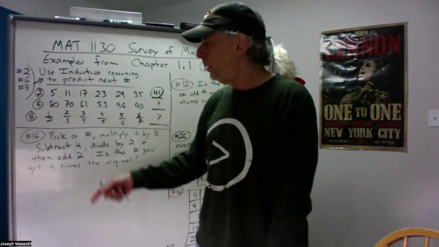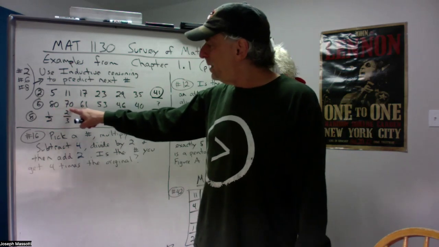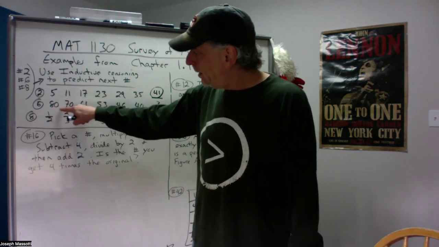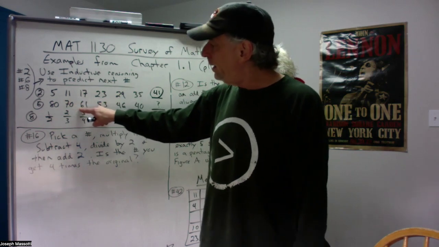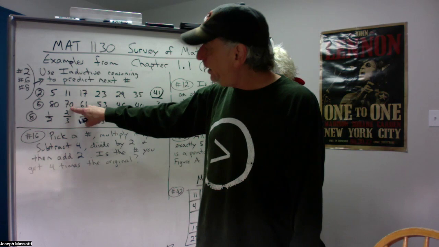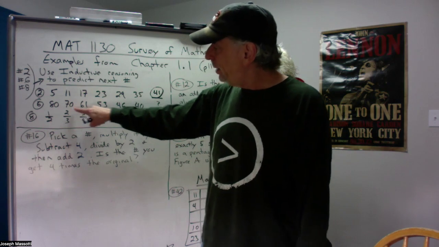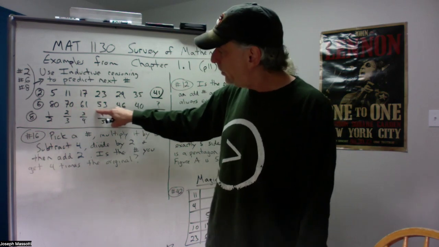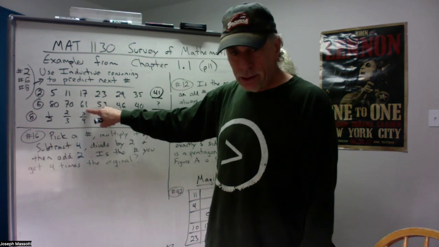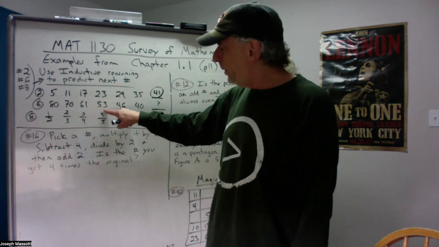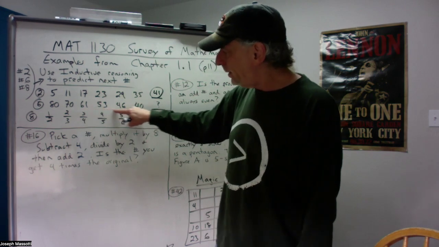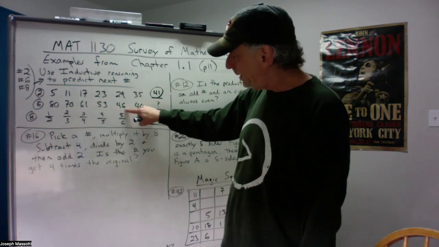You look for a pattern. All right, so here we see 70 is 10 less than this number. And then we look at the difference here and we see 61 is 9 less than this number. And then we look at the difference here and we see 53 is 8 less than this number. So we start to see a pattern. We just confirm that 7 less, 6 less.